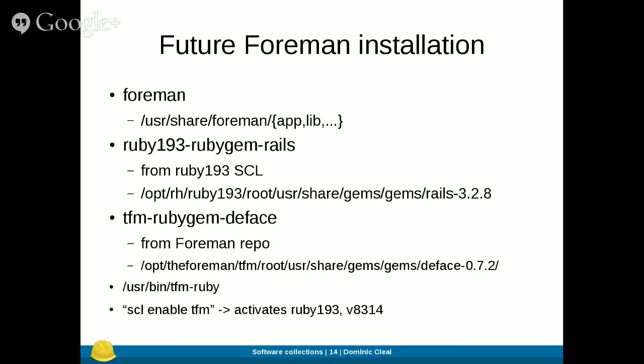We'd replace our Ruby 193 Ruby binaries with TFM Ruby binaries, and these would activate TFM, and TFM will in turn activate Ruby 193. SCL enable TFM works the same way, activates all of our dependent collections, Ruby 193, 38314, and whatever we choose to add in the future.